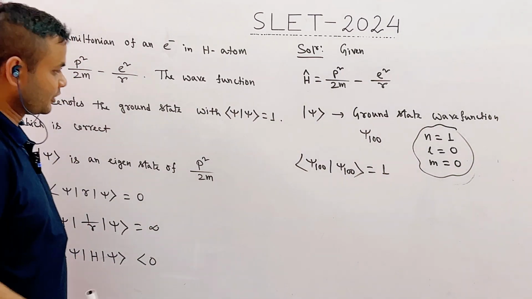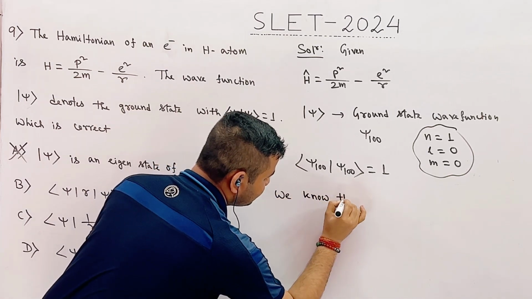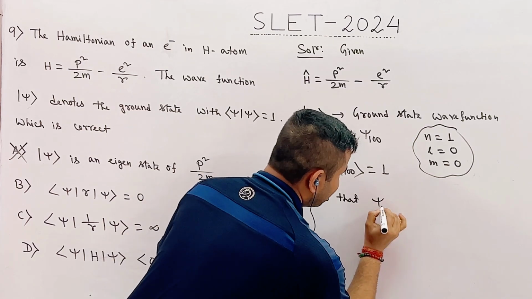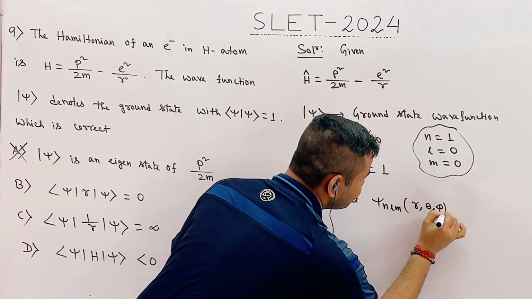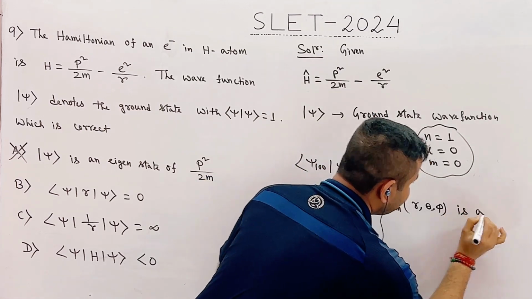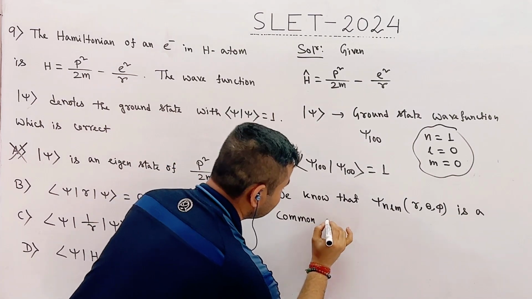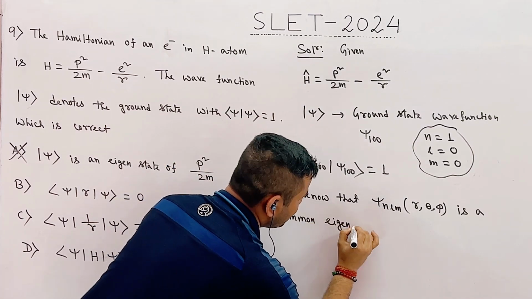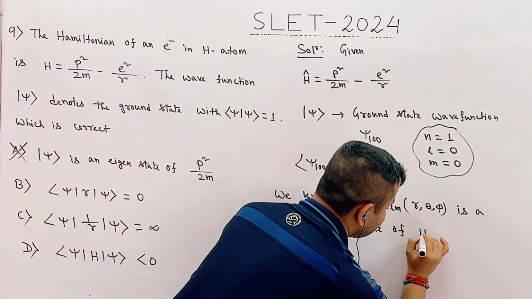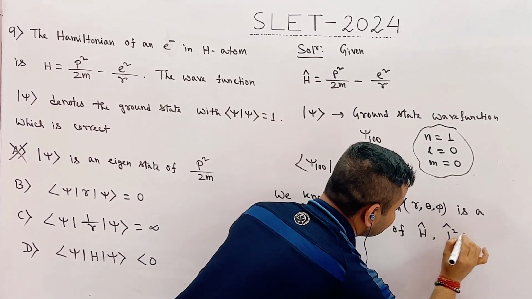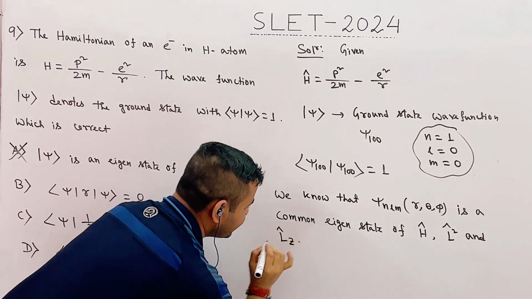First, let me write these points. We know that psi n l m r comma theta comma phi is a common eigenstate of Hamiltonian operator, L square operator and Lz operator.